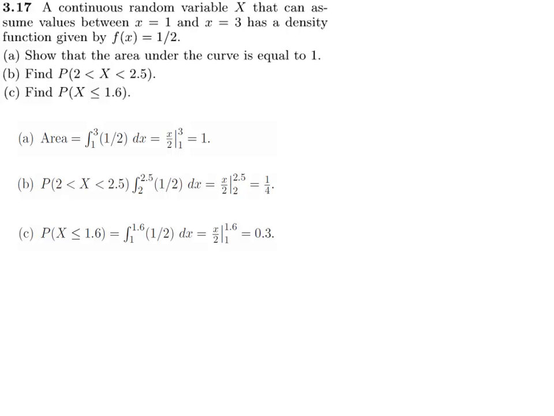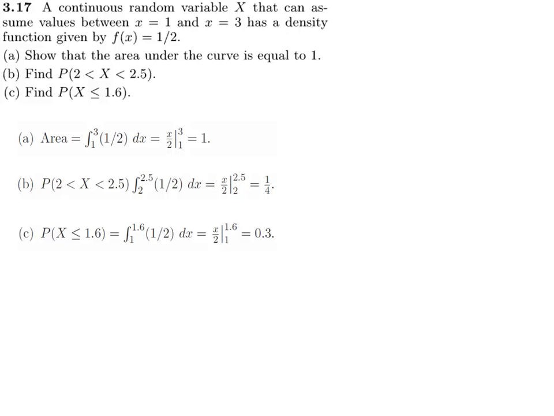Yes? On these, since it's just a line, it's not a curve, could you just do like 1.6 minus 1 times 1/2 to get your probability? Yeah. No, because essentially what we have here is this. 0.5. So that will go from 1 to 3. But this is a line.